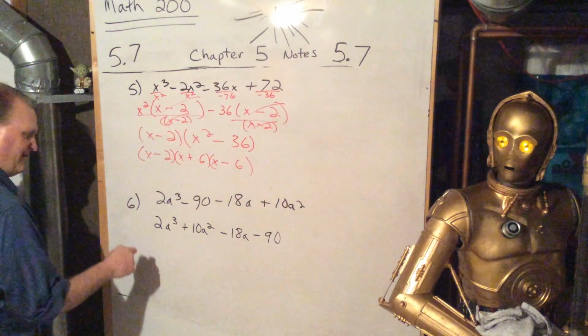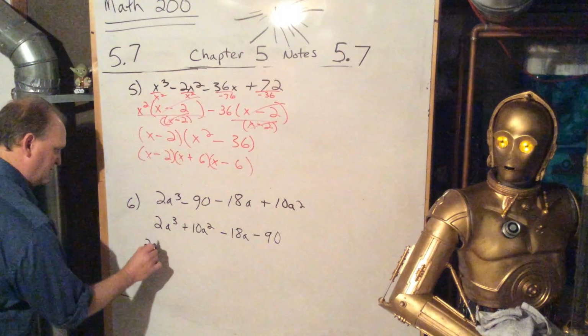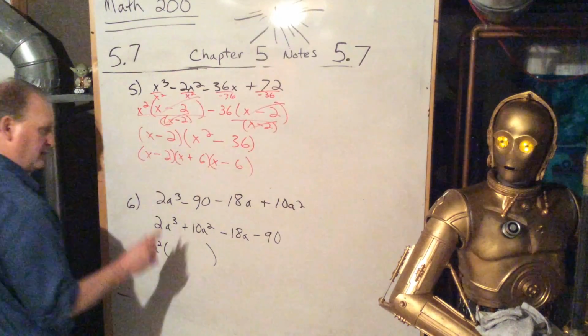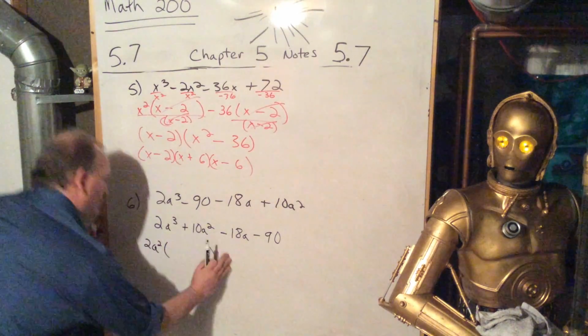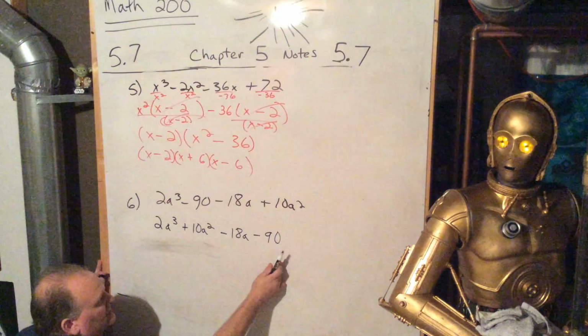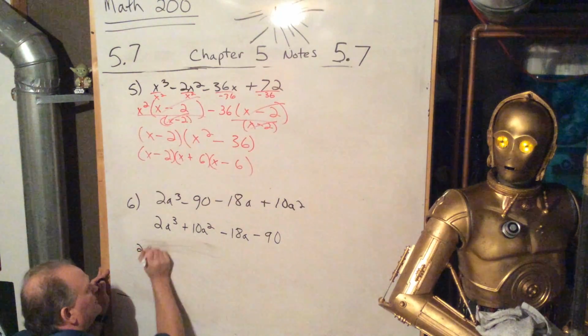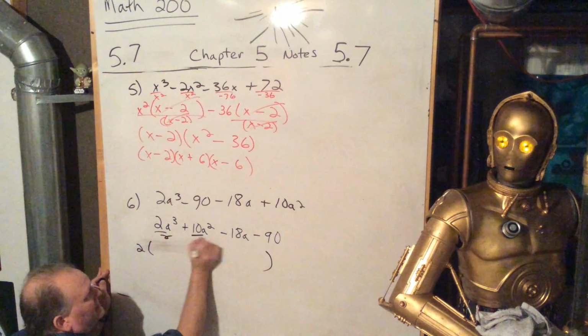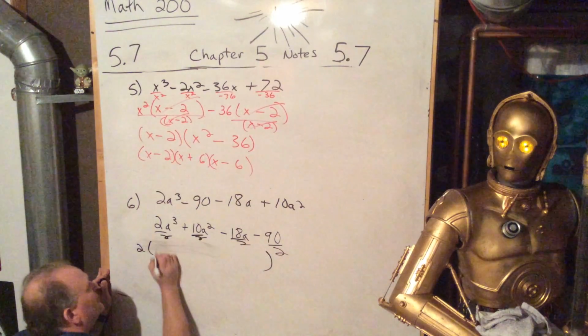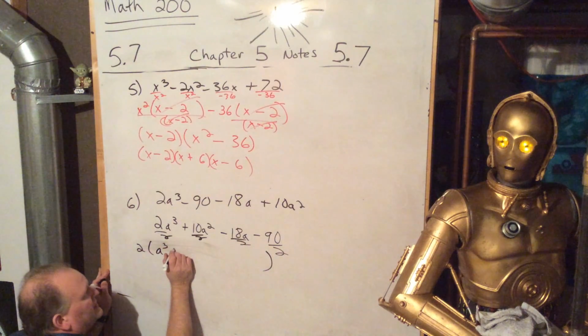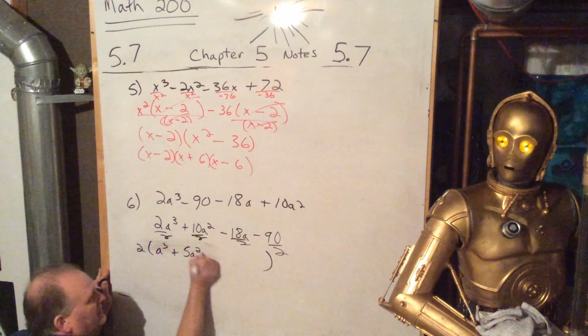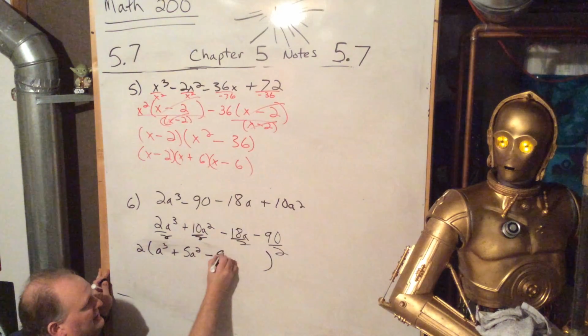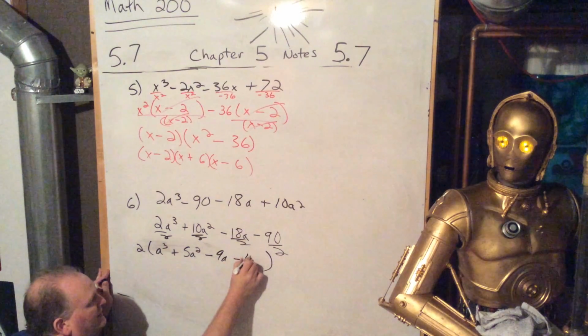All right. Factor out a 2a squared. Oh, wait. Before we start, whoa, hold up there, Tex. Let's factor out a 2 out of everything. Divided by 2, divided by 2, divided by 2, divided by 2. A cubed plus 5a squared minus 9a minus 45.